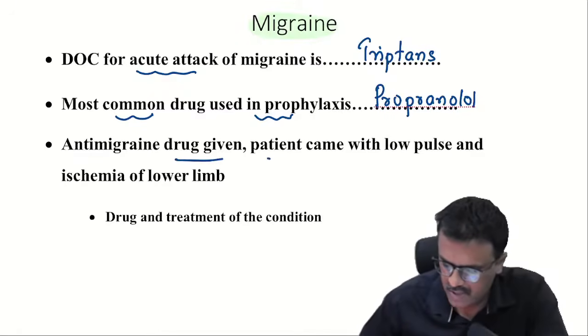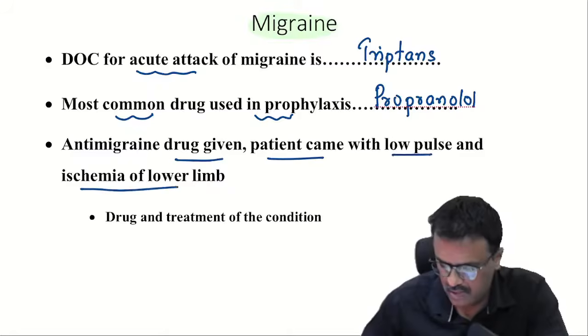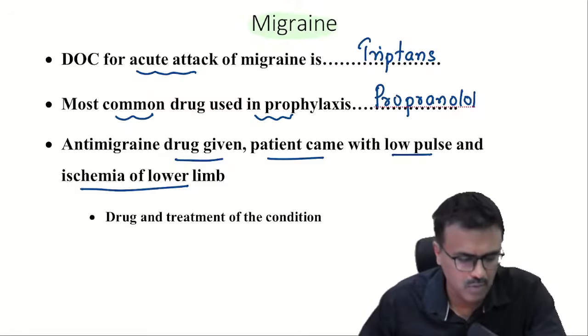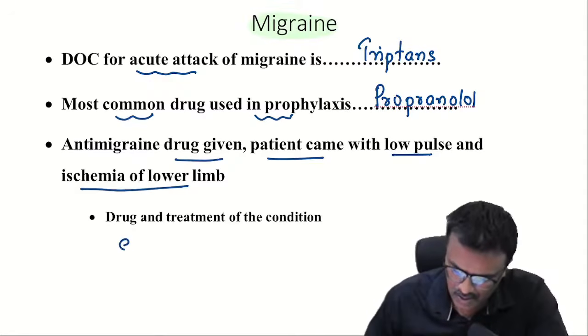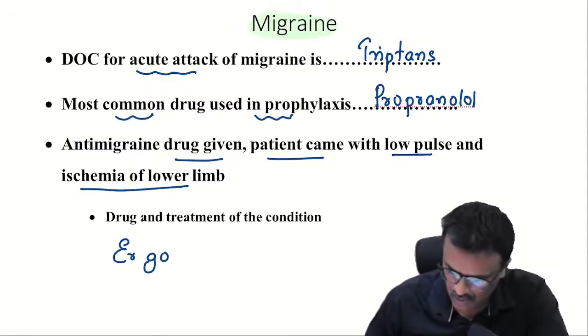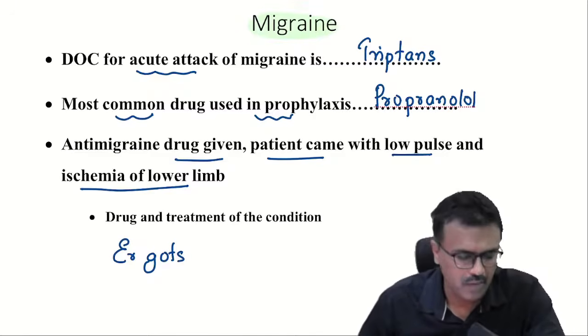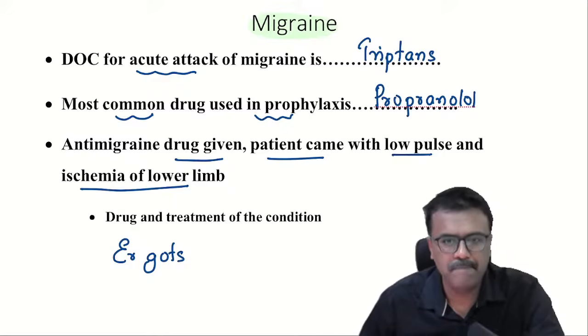Anti-migraine drug given, patient came with low pulse and ischemia of lower limb. What is the drug which is going to do that? It is mainly ergots. If you give ergots, ergotamine and dihydroergotamine, these are vasoconstrictors. And we know that ergots can cause gangrene, ergotism.